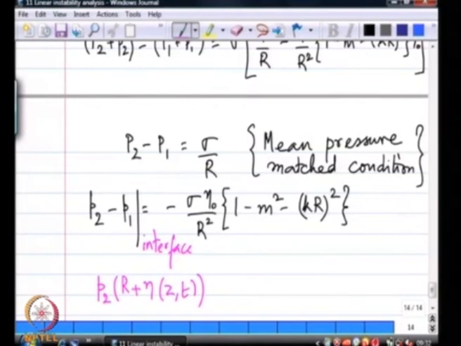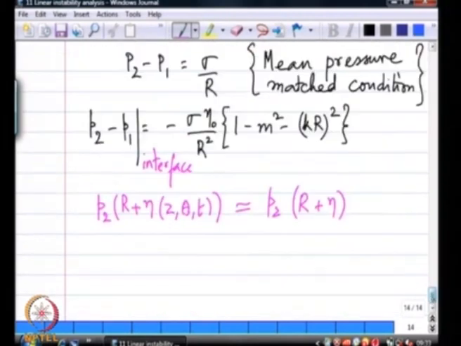The radial location of the interface is capital R plus this perturbation eta, which is a function of z, theta and time. We are doing a full 3-dimensional analysis here. I will write this more compactly as R plus eta.